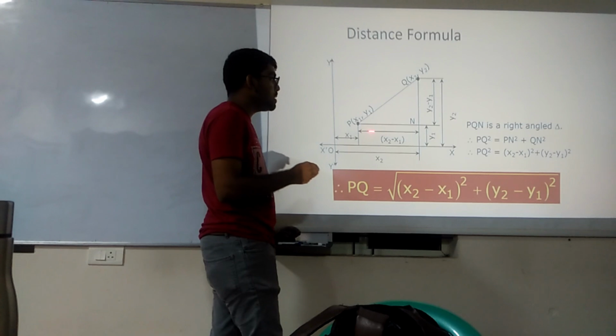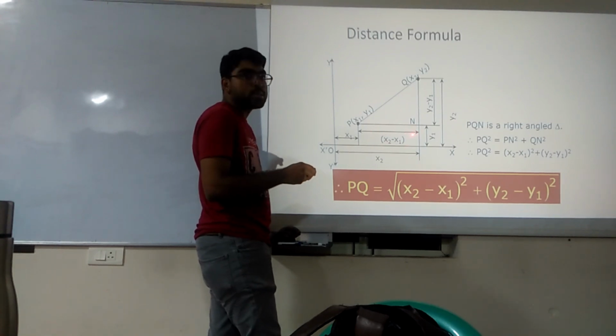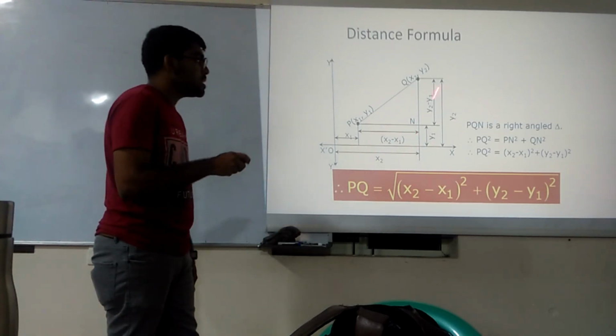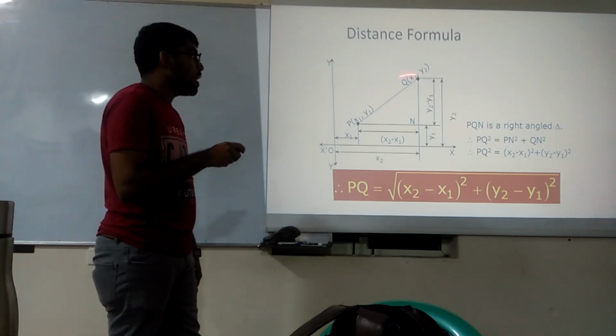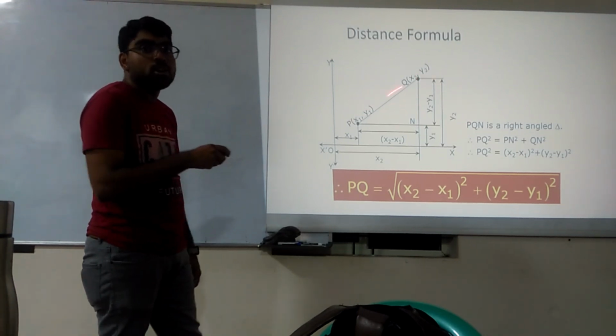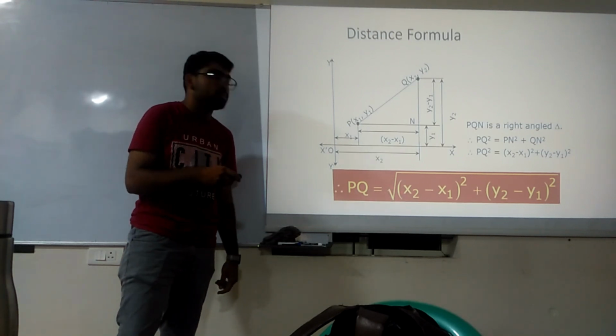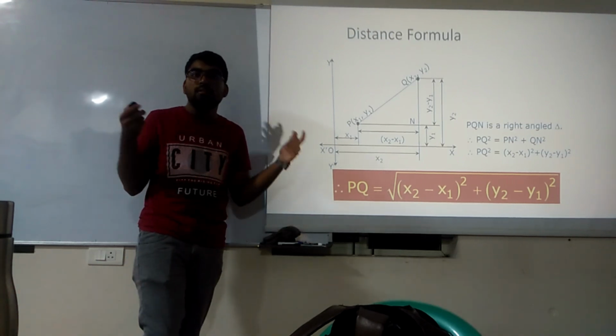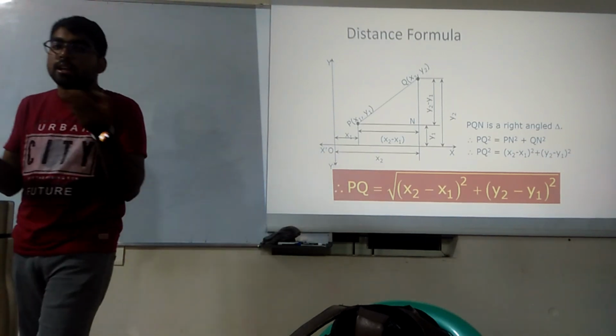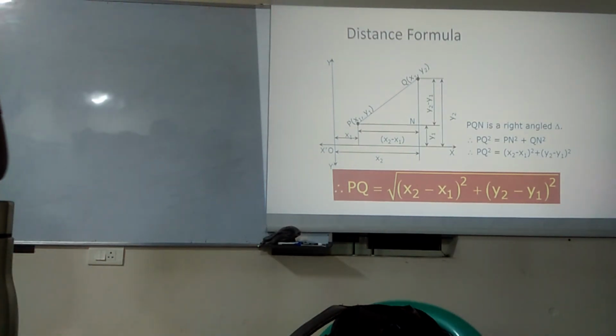What is this distance? x2 minus x1. When you have these distances, then you will find the hypotenuse. This is basically your distance between the 2 points. Hypotenuse will be given by this formula. That's it. This is the derivation of your distance formula, from where the distance formula got its origin. Okay? Yes?